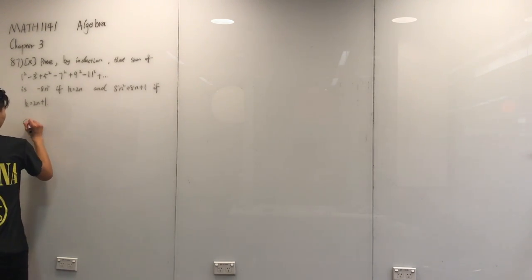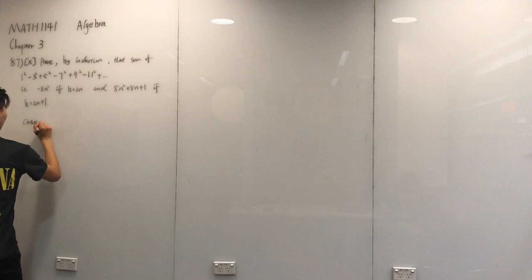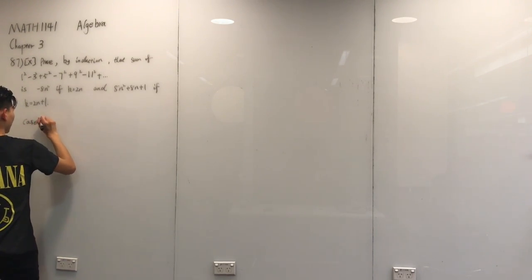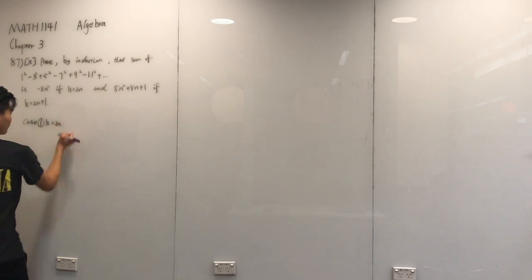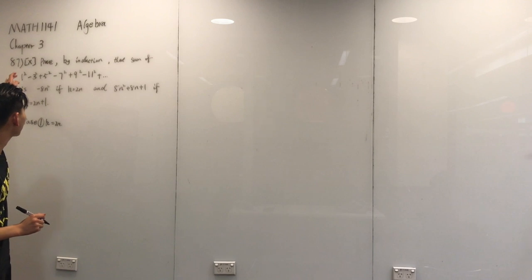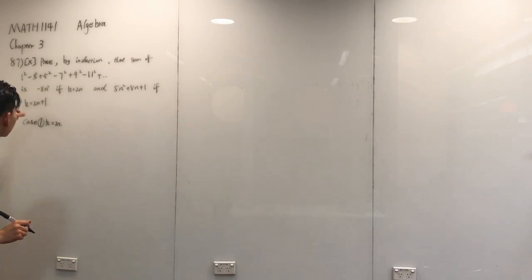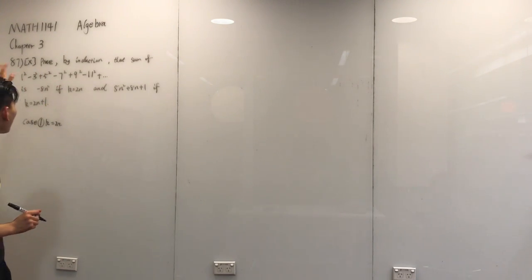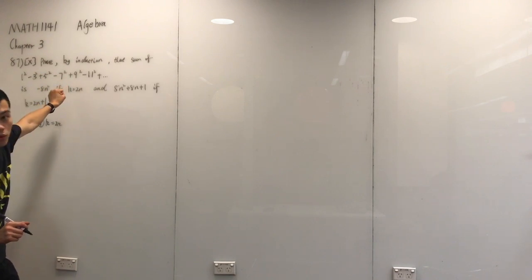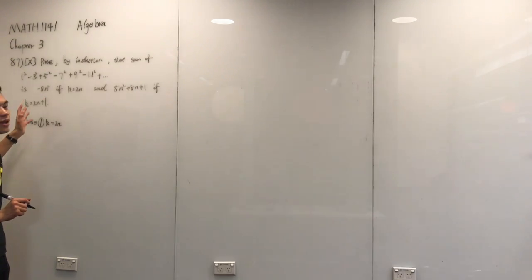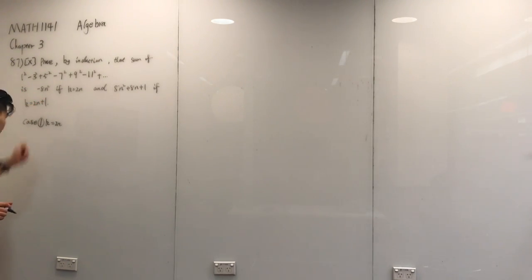So we've got case 1, which is k equals 2n, right? Which means it will be 1 squared minus 3 squared, or 1 squared minus 3 squared plus 5 squared minus 7 squared, or 1 squared minus 3 squared plus 5 squared minus 7 squared plus 9 squared minus 11 squared. So there is always a minus at the end of this series, right?